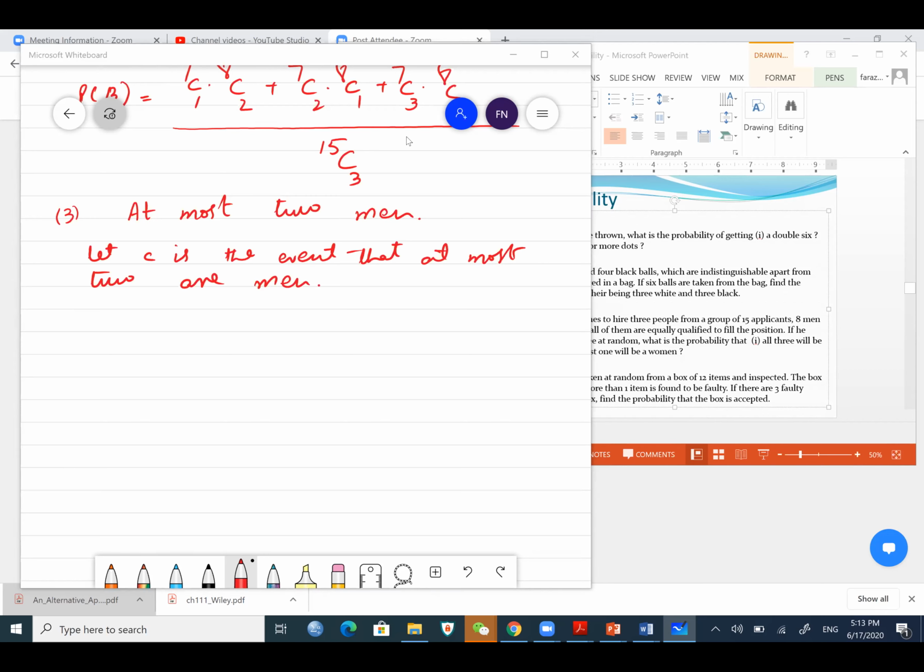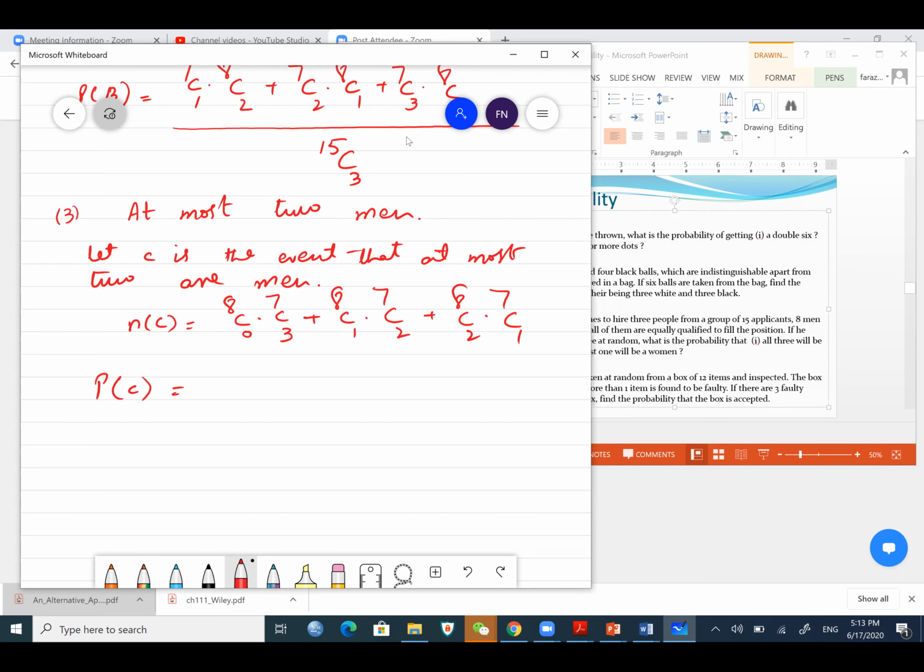So we won't select any men out of 8. It means all 3 will be women, because we need to select 3 people. The second option could be if we select 1 man, then the remaining 2 will come from women. And if we select 2 men, then the remaining 1 will be a woman.